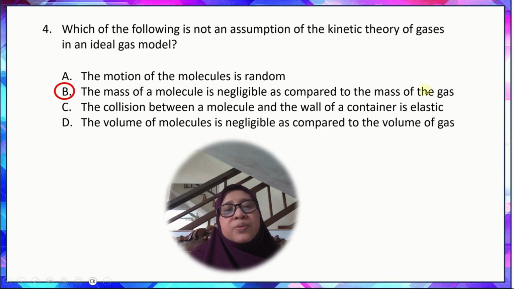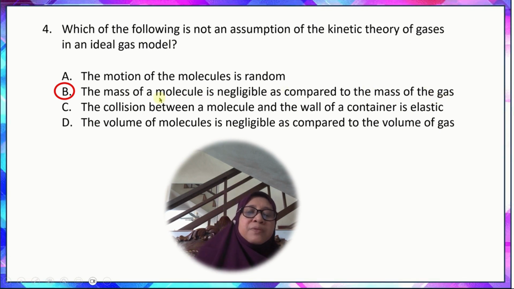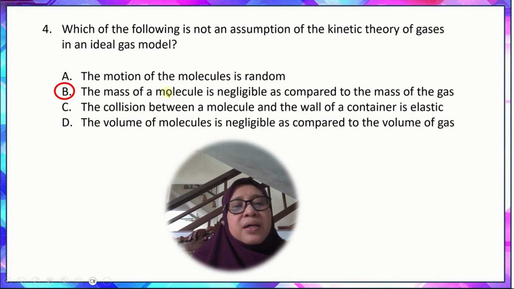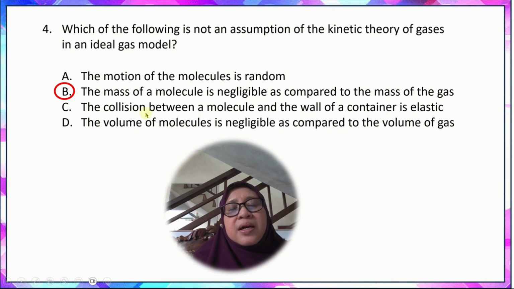If we refer to one of the equations just now, PV equals the mass of the gas divided by the molar mass, times RT. That means the mass of the molecule is not negligible compared to the mass of the gas, so it is included in the kinetic theory of gases. So B is the answer.